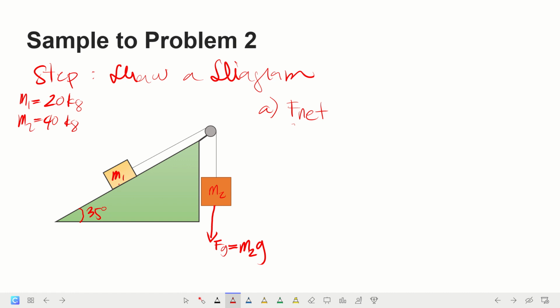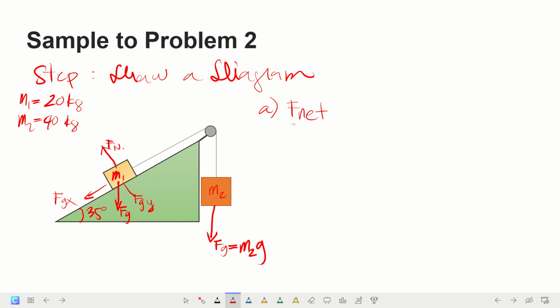For mass number 1, we have here also the force due to gravity. But since this is sitting on an incline, we resolve the force to its x component. This is the x component and the y component. So our y component here is cancelled by the normal force.